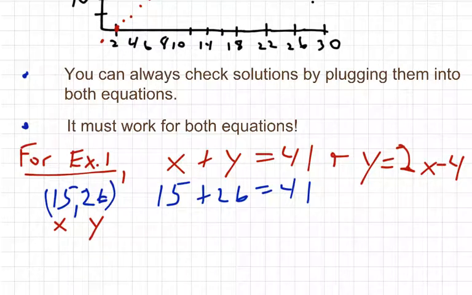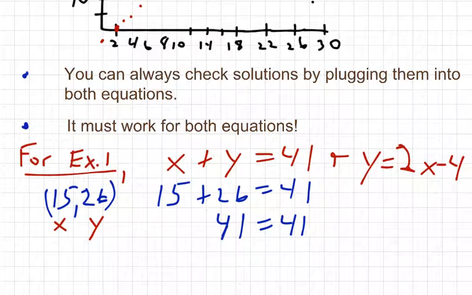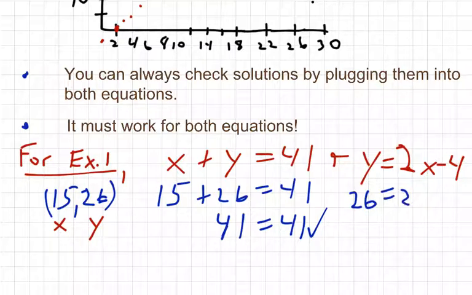Add those up, 26 plus 15 is 41, so that's going to check. But don't stop there. That's a common mistake, just to stop there and say, oh, it works. Let's plug it into the other one as well. So our y value is 26, so I'm just plugging that in right in for y. 2 parentheses our x, which is 15, and then minus 4.